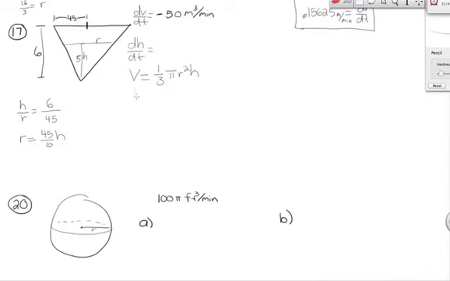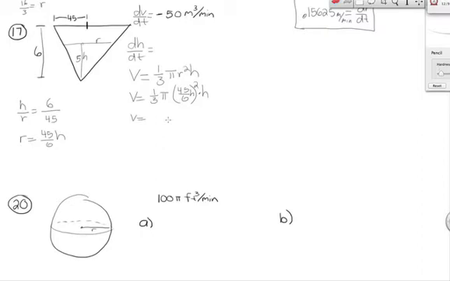Multiply by the reciprocal to get rid of 6/45, and we're right. So that means volume is equal to 1/3 pi times (45/6 h) squared times h. So volume equals h cubed. Let's do that. It's 45 times 45 divided by 6 squared, so that's 36.